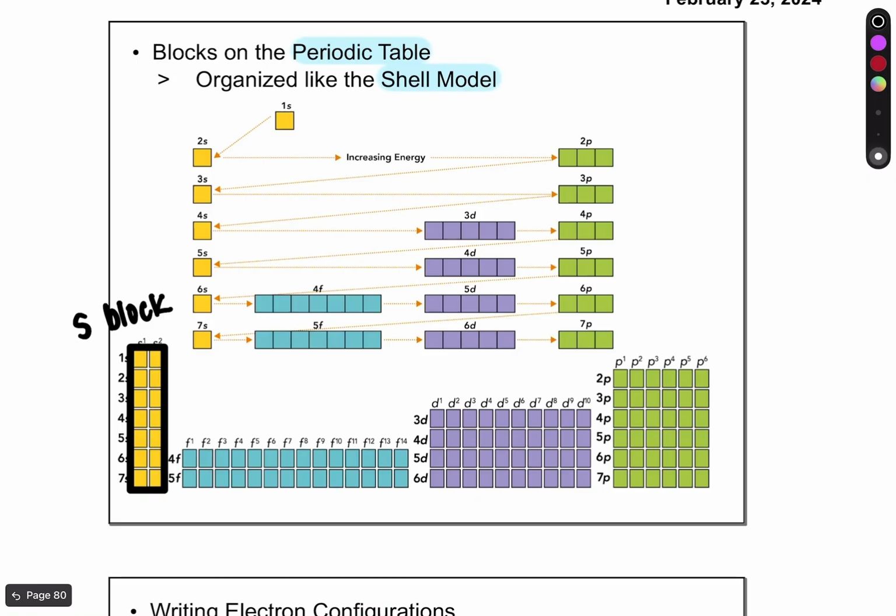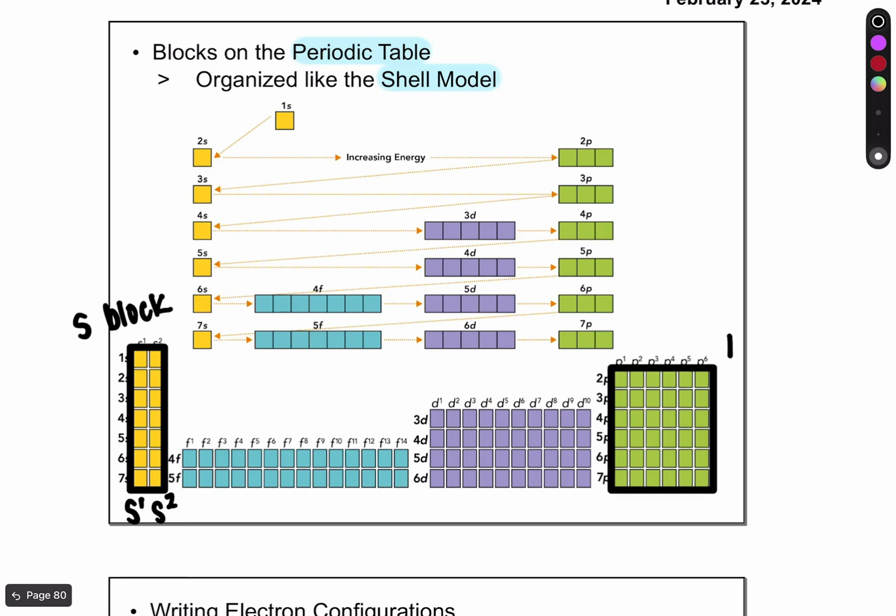All of the elements that fall in group 1 and group 2 have electron configurations that end in either S1 or S2. On the far right-hand side of the periodic table is a larger block called the P block.